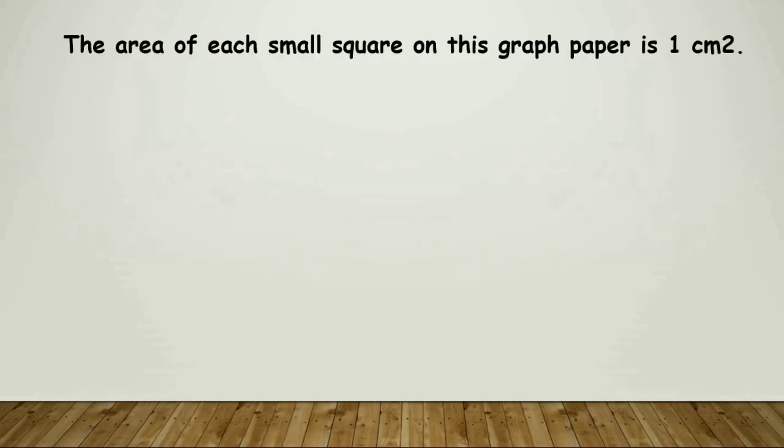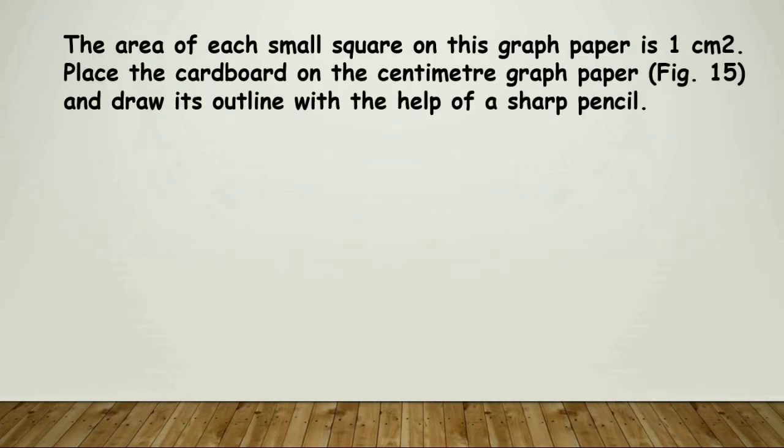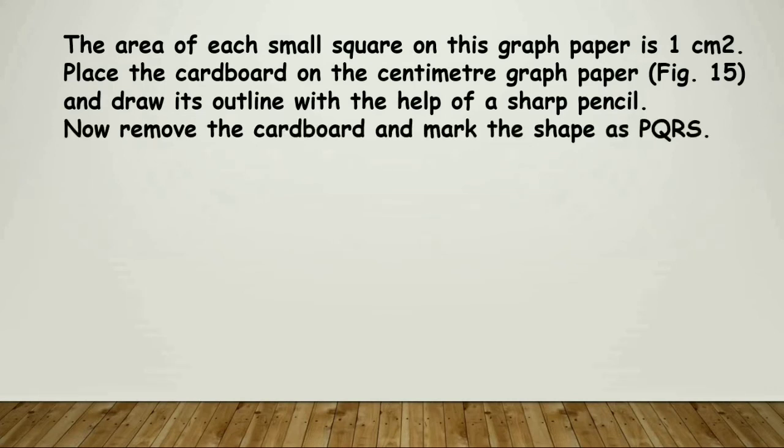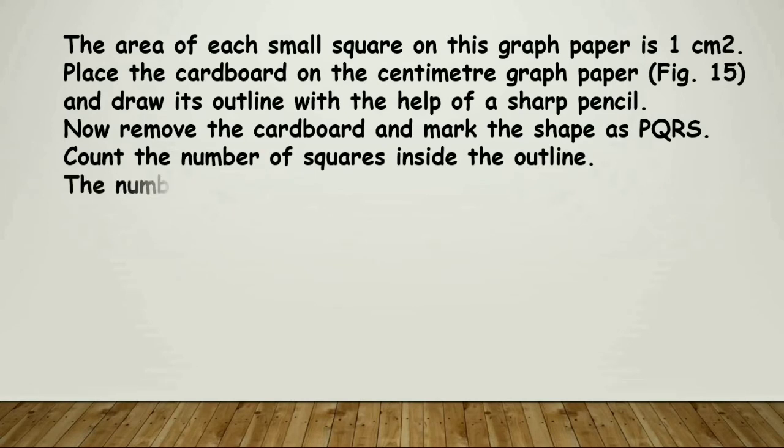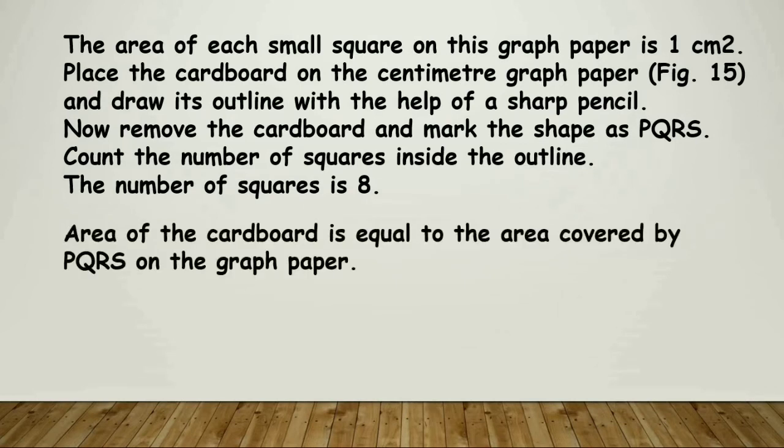The area of each small square on this graph is 1 centimeter square, and when the cardboard is placed, it covers some squares. We point out the PQRS and count the number of squares inside the outline, and the number of squares is 8. The area of the cardboard is equal to the area covered by the PQRS on the graph paper. So that is 8 centimeter square.